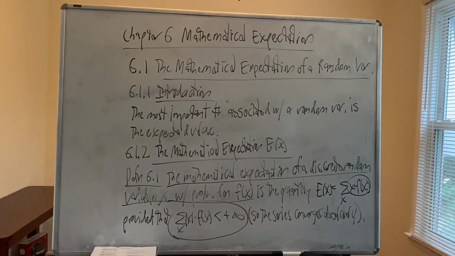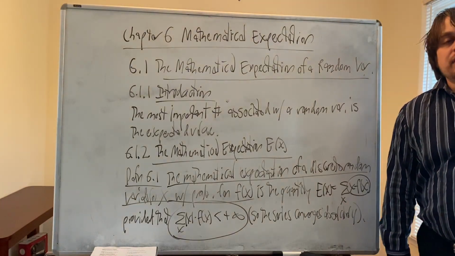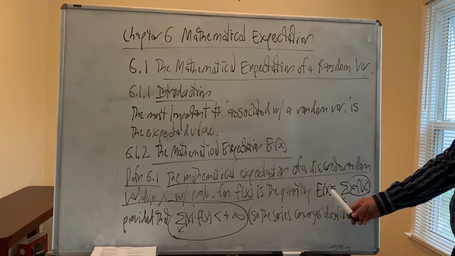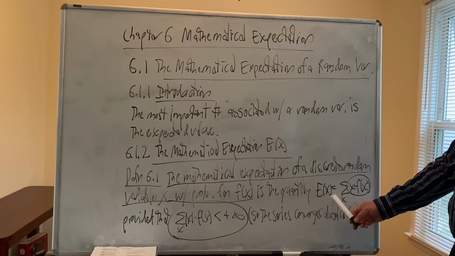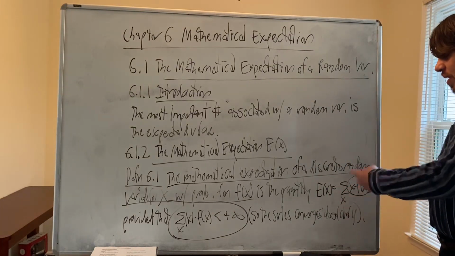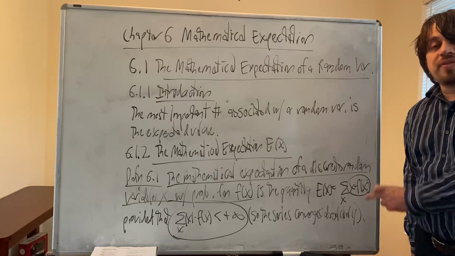And that's the condition in order to say that this sum is the mathematical expectation of a discrete random variable X. Again, E of X, the mathematical expectation of a discrete random variable capital X with probability function little f, is equal to that sum as long as the sum of the absolute value of its terms is a finite number.